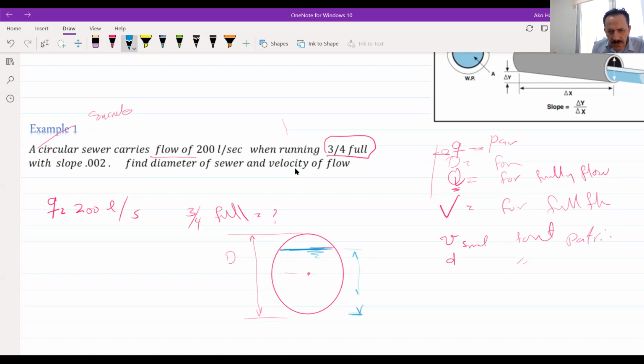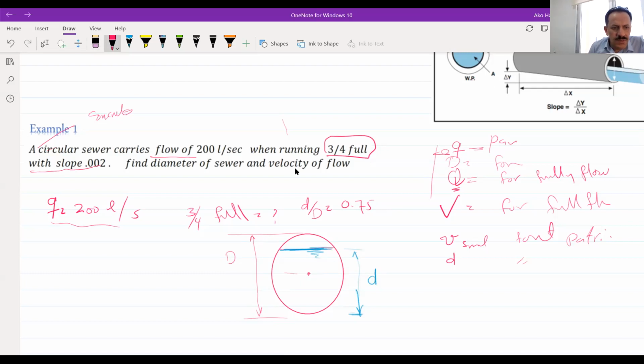How much should it be? If I want to translate this, it means that d over capital D is equal to 0.75, or 75%. So this is not full flow. It means that the sewer can handle more than 200, right? Because it's not full flow.